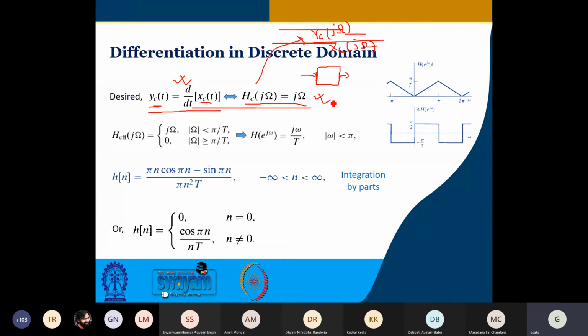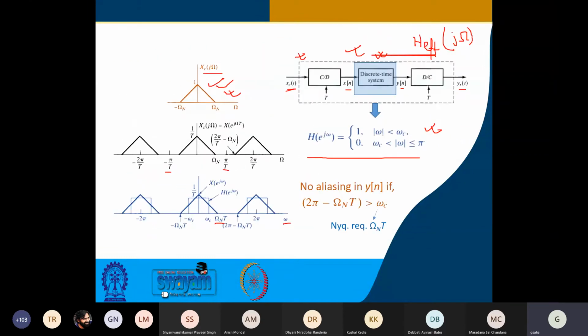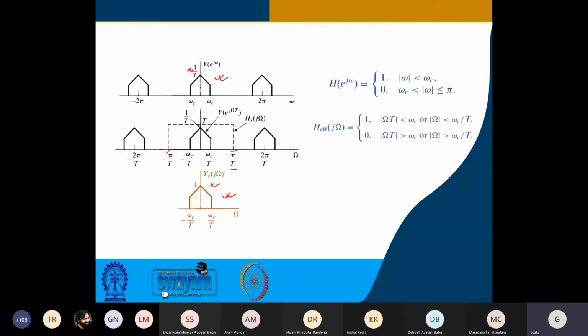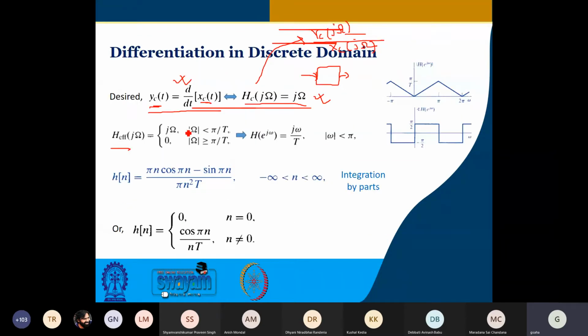Okay. So whatever is desired, since you are realizing it using DSP, the effective H_eff(j omega) then has to be this one within this zone, minus pi by T to plus pi by T. Within this zone, it should follow this j omega.